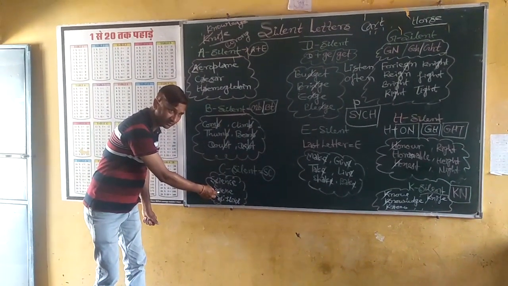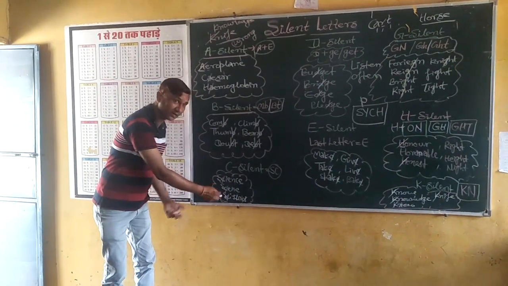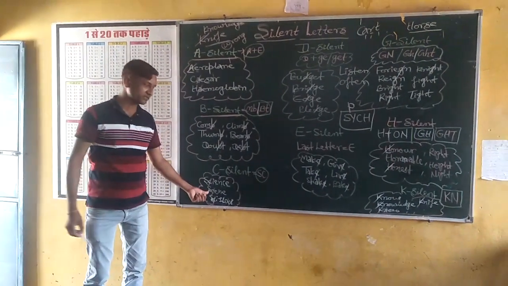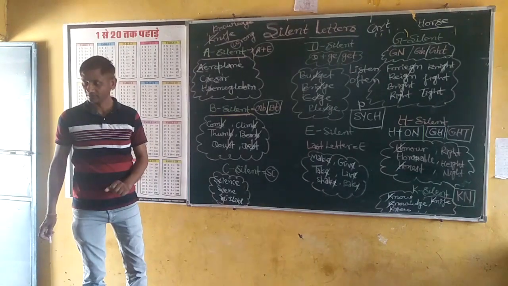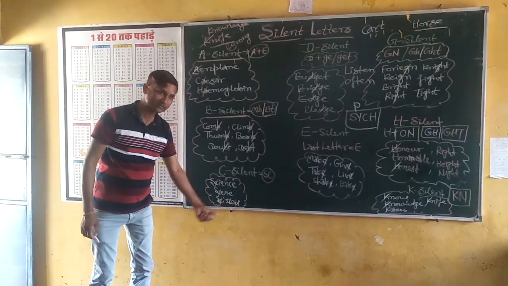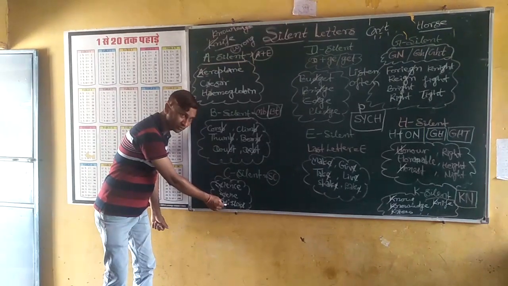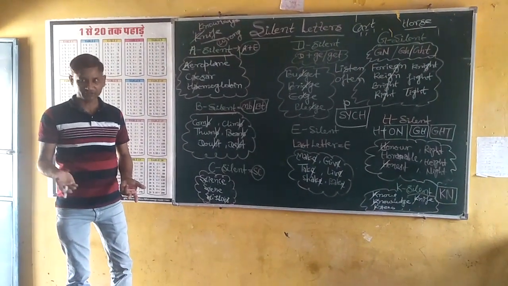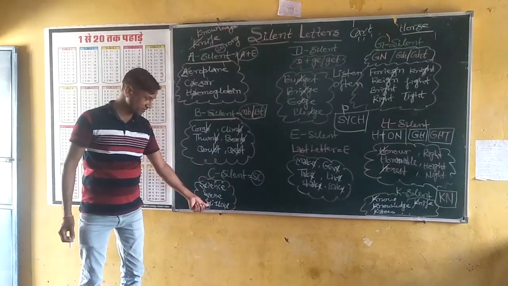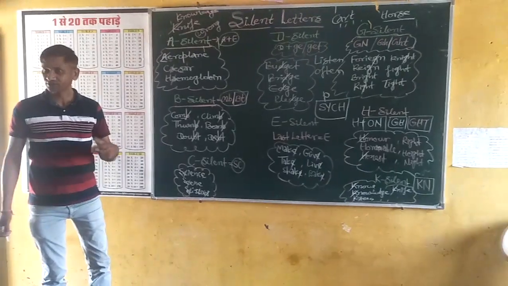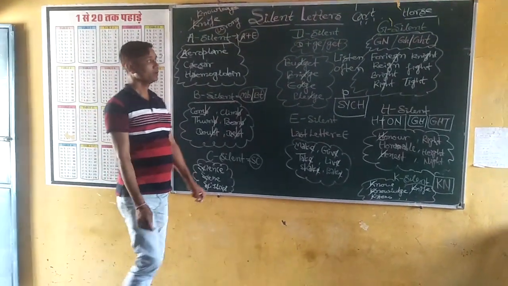S is before C and C is after S. C will be silent and the pronunciation will be seen. SCISSORS. S is before C and C is after S. C will be silent and the pronunciation will be scissors.